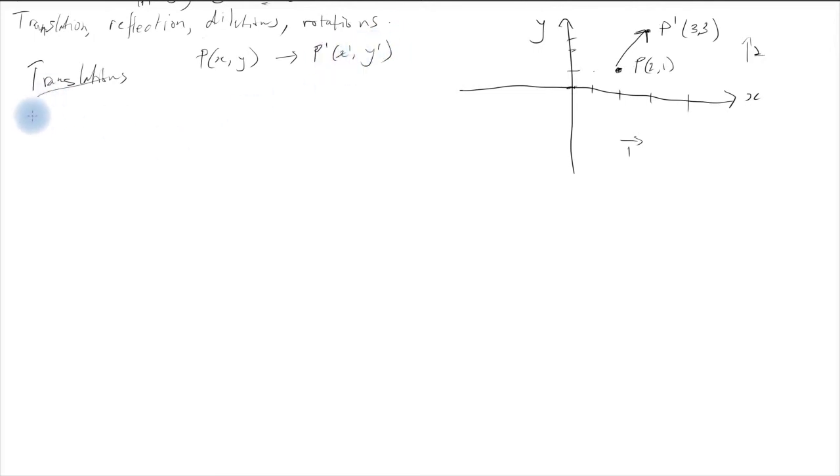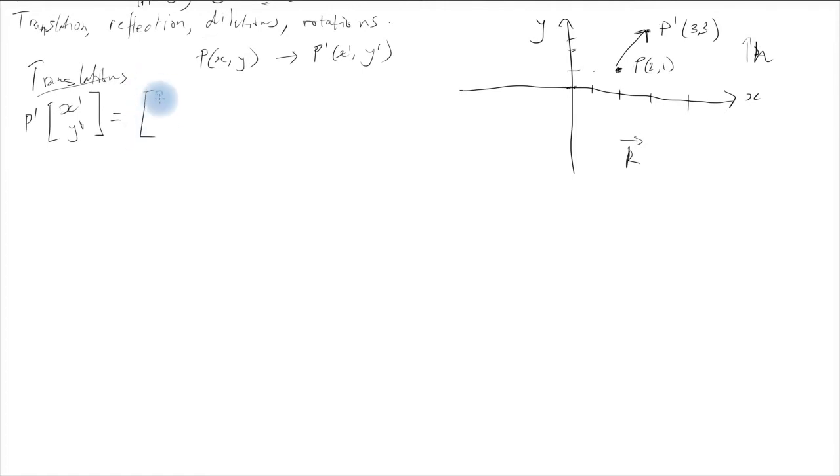So we're going to end up at P dash, x dash, y dash, and the way we've gotten there is, let's suppose in general we're moving to the right k units and up h units.